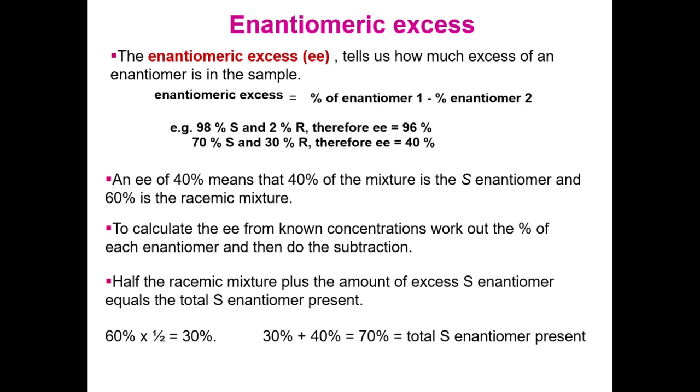So 40% of the mixture is S and 60% is the racemic mixture. Of that 60%, half is S, half is R. So 60% multiplied by a half is 30%. So we have 30% S present in the racemic mixture. We knew our EE is 40%, so we have 40% S as well. So 30 plus 40 equals 70. So the total S present is 70%.